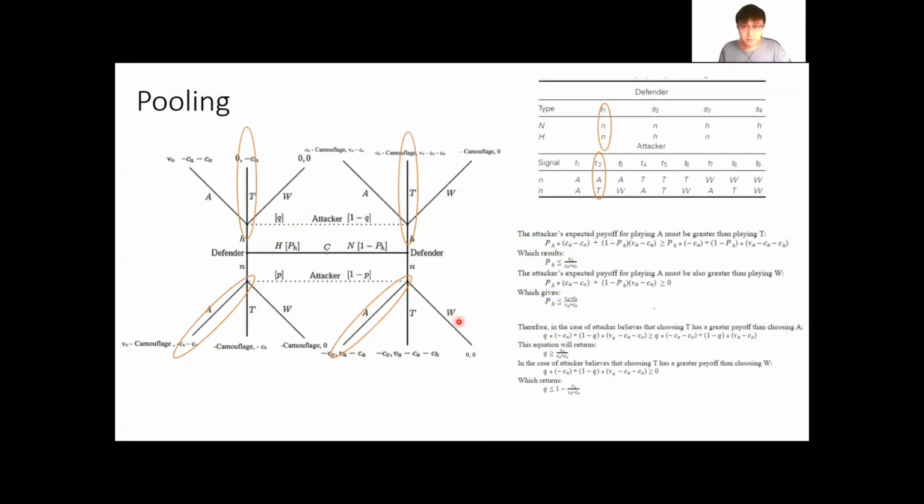From the previous slides, we know that only when the attacker chooses T2 as her strategy, when the defender is choosing S1, can yield a potential perfect Bayesian equilibrium.